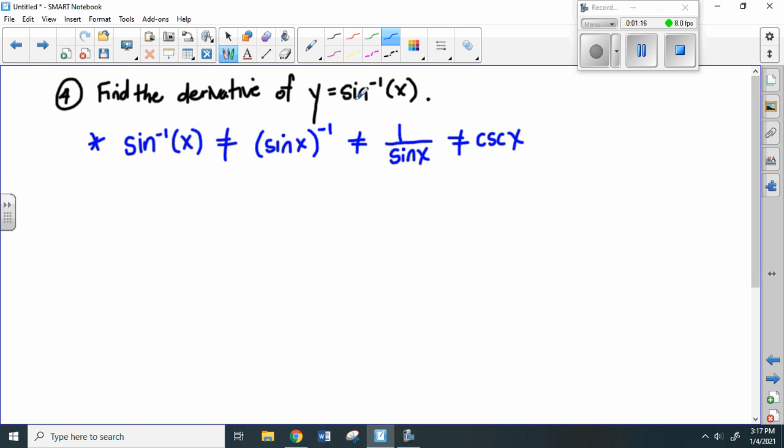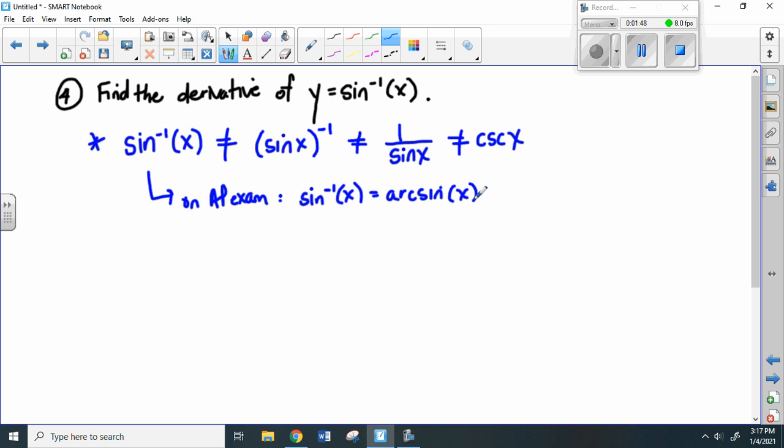And so I will say that because of that common misconception, or I guess because the AP exam doesn't want you to make that mistake, on the AP exam, instead of sine inverse of x, they use a notation that looks like this, arc sine of x.